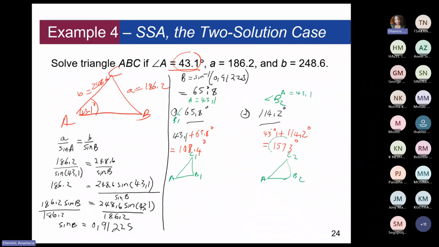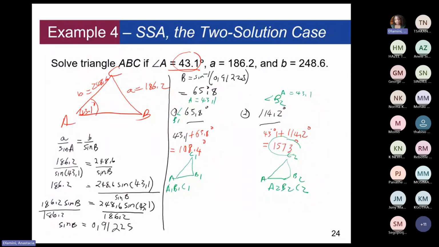Meaning that we know A, we know B1, and we know B2. Are we all together? Yes, ma'am. So let's call this triangle A1, B1, C1. Let's call this A2, B2, and C2.